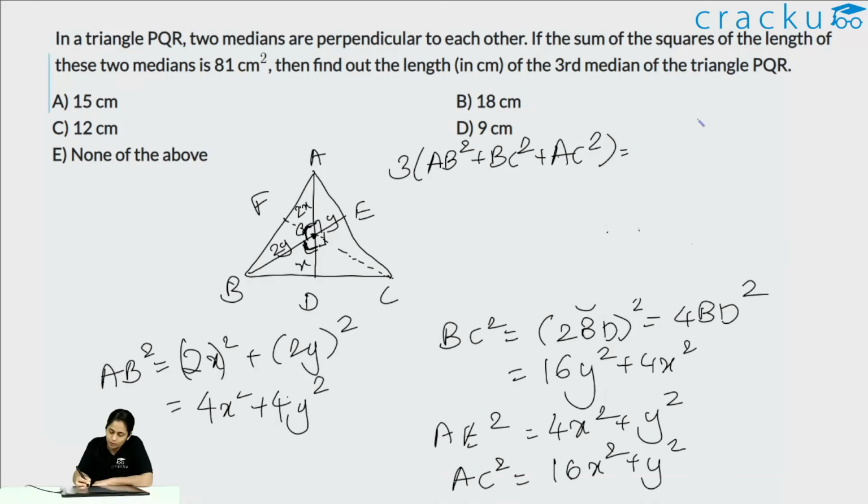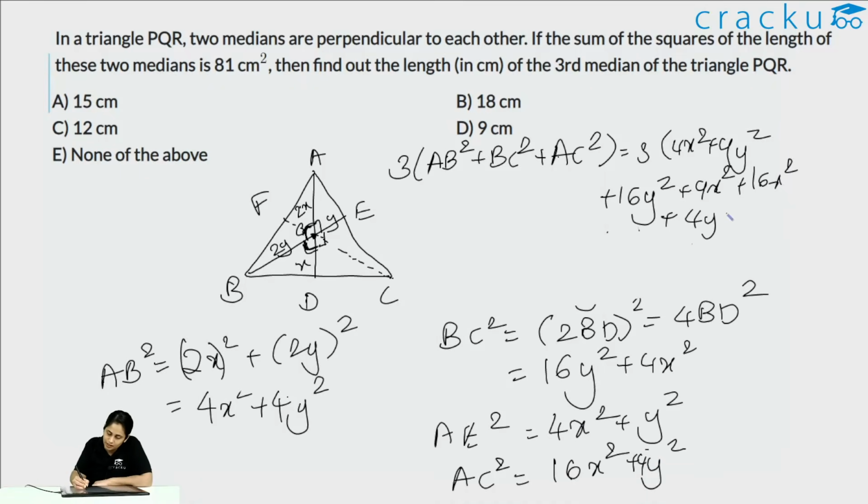This is 3 times 4x square plus 4y square plus 16y square plus 4x square plus 16x square plus 4y square, because this is 4 times this. So if I consider this, this is 3 times 24x square plus 24y square.